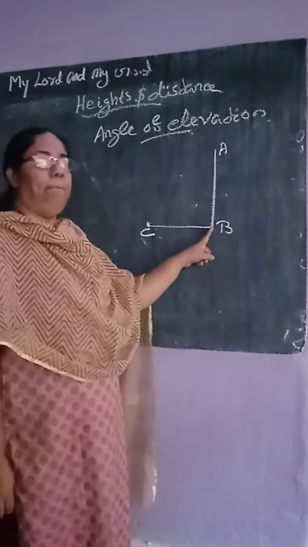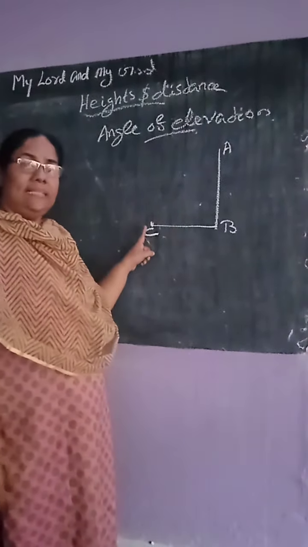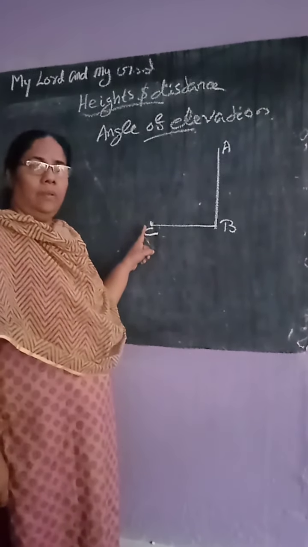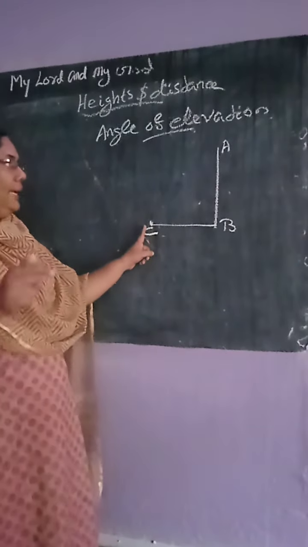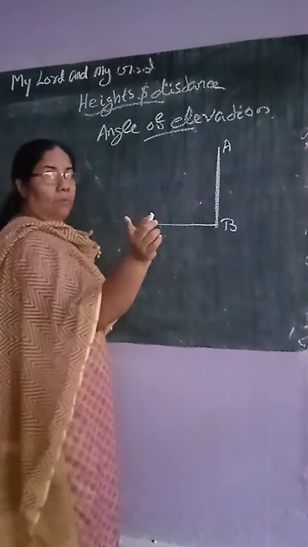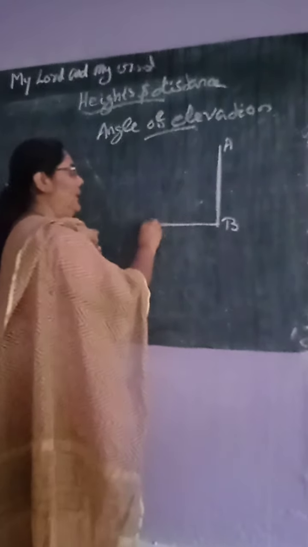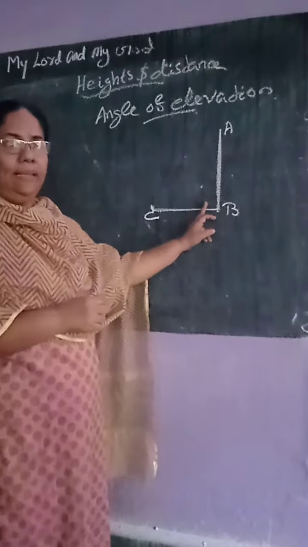One, AB is a pillar. Second, C is a man and he is standing on the level ground. And again we know that AB is a vertical tower and BC is on the level ground. Therefore, here the angle is 90 degrees.